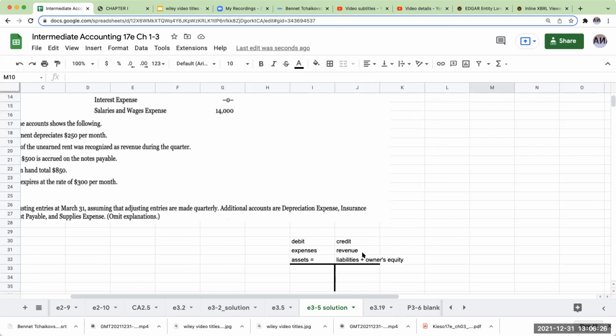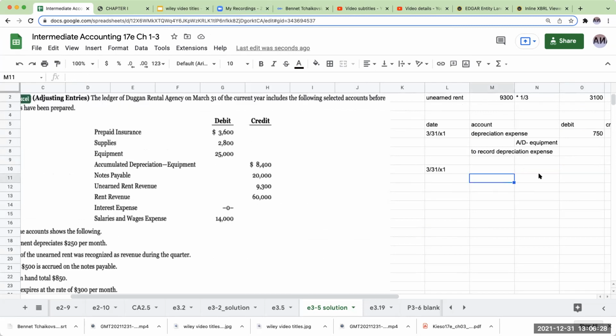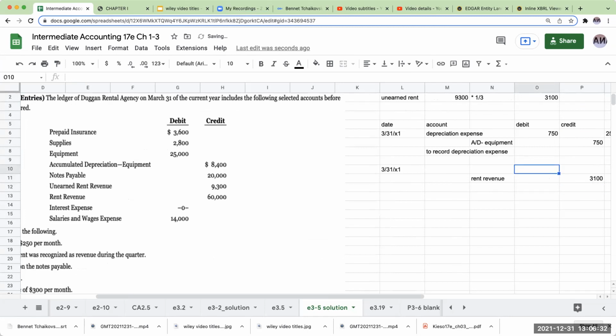To recognize rent revenue, I'm going to show this as a credit for 3,100. What do I debit? I debit unearned rent revenue. Whenever we do adjusting journal entries, there are a couple of different rules.